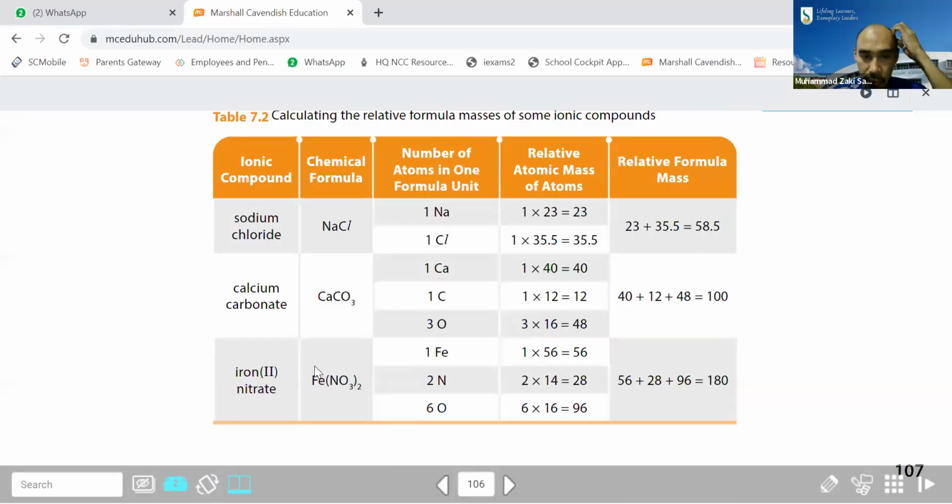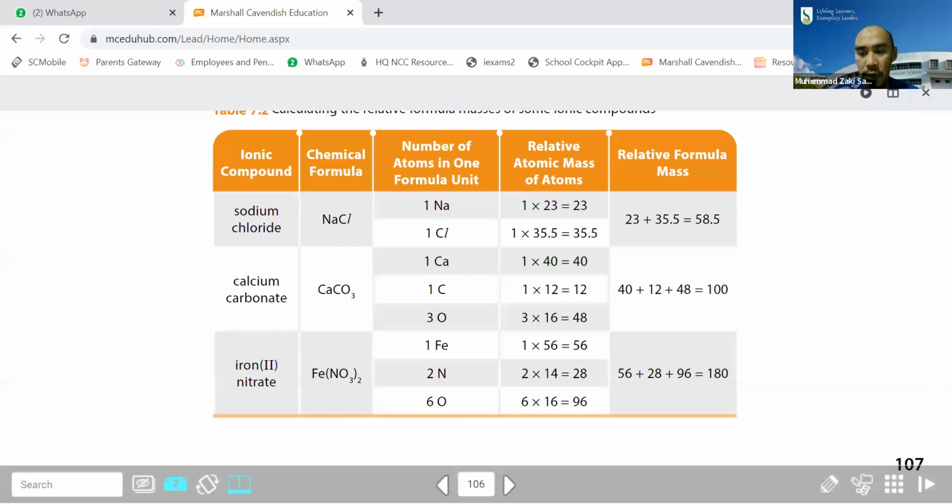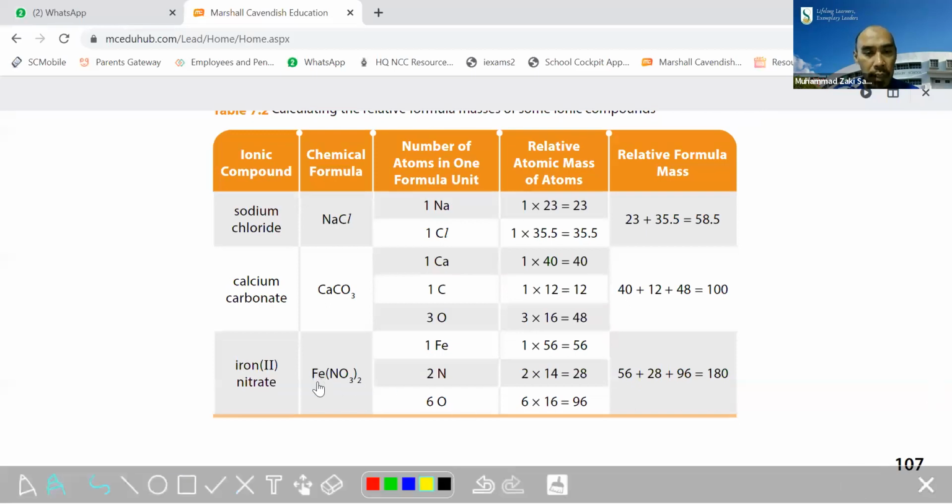If you have the bracket, then you have to do the bracket. For example here, this one is a very good example. For iron, you see there's one iron. Nitrogen, there are two nitrogen here because 2 times the bracket. Oxygen, there's 6. So you do the maths, and then you get the answer. So I'll be testing you on this for WA3.